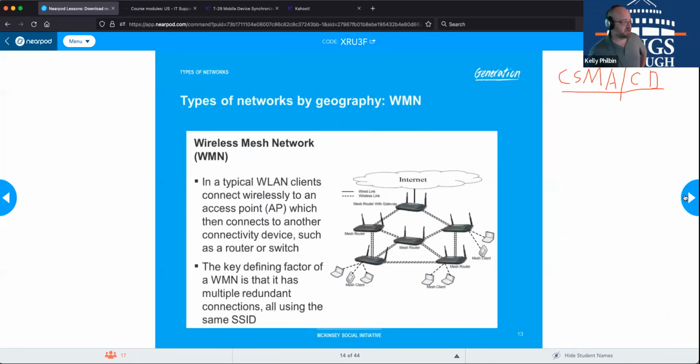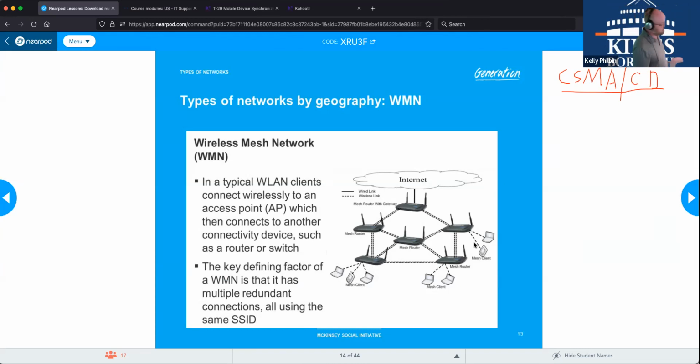Because we actually have the wireless mesh network, or WMN, which is what Oscar brought up earlier, where you have multiple wireless devices scattered across, connecting together a network. You will have, in general, a controlling main router, and then other routers that support it.